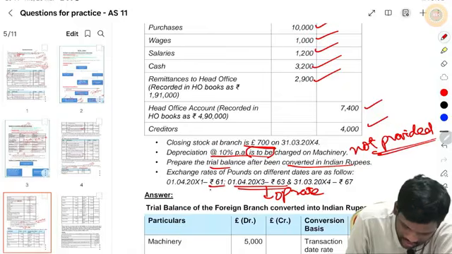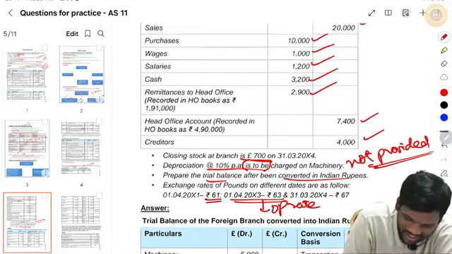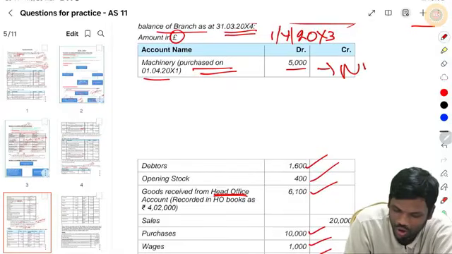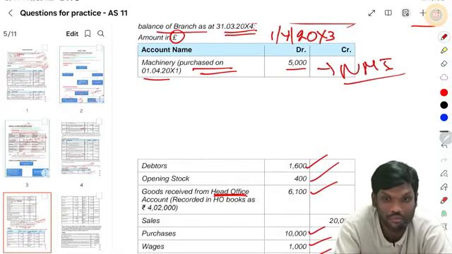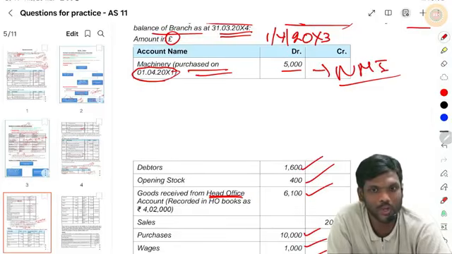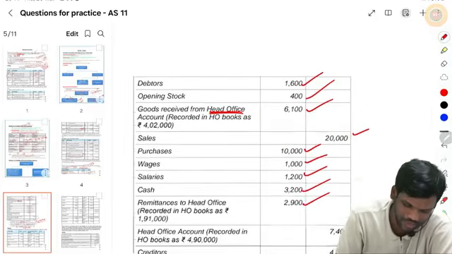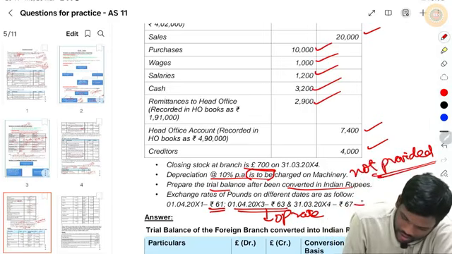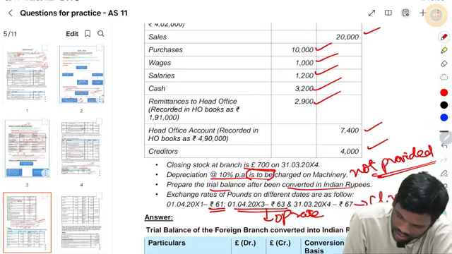Sir, then why is this given? This is given for our fixed asset machinery, which is a non-monetary item. If you see, this was purchased on 1st April 20X1. This should be converted using this rate. And then 31st March, this is the closing rate.